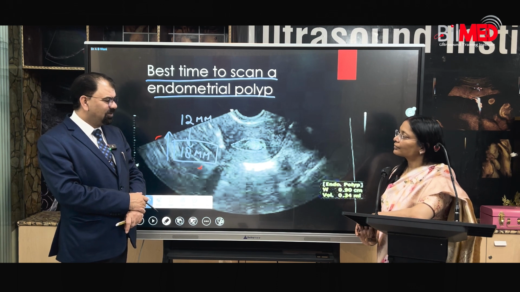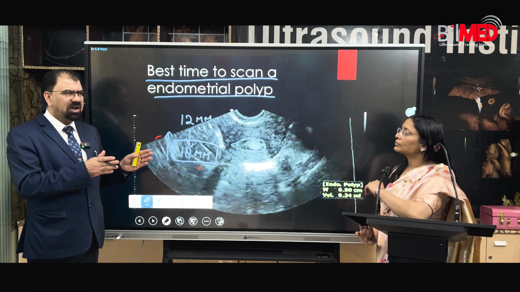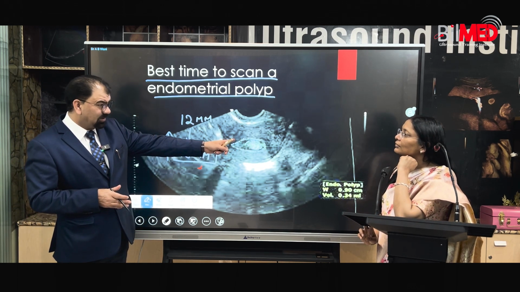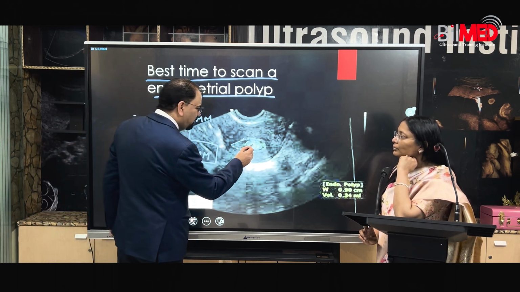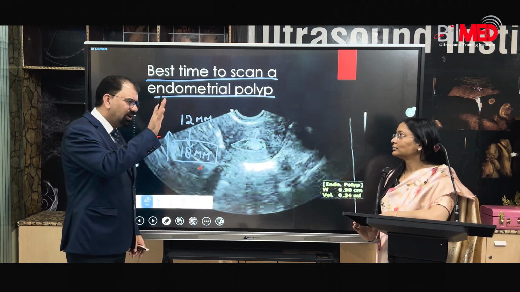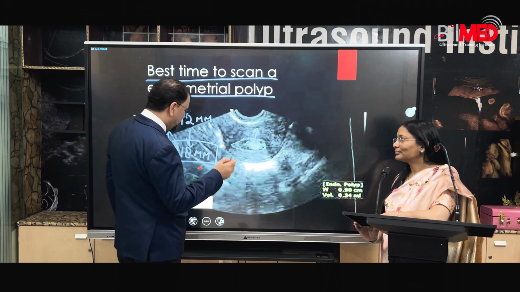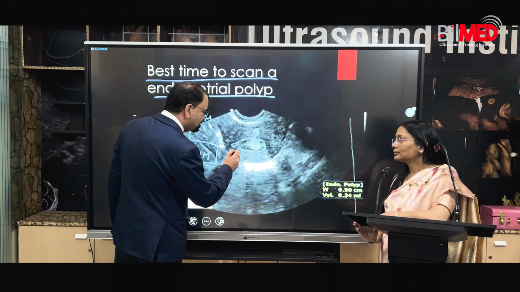So if I scan on day 2, day 3, day 4, I will expect less thickness of the endometrium, and this polyp will stand out. Then this polyp will say, hello doctor, I'm here. Now try to understand, if I insert saline here, this is the endometrial cavity.